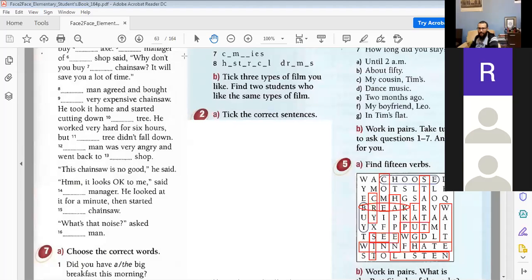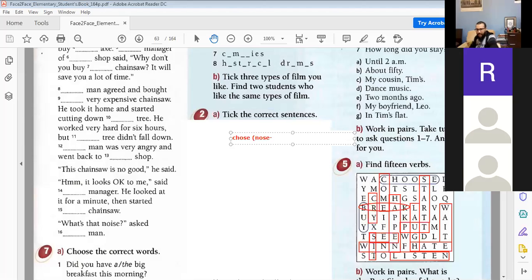Okay, so we have choose. What's the past of choose? Who can tell me? Correct, but how do we pronounce it? Yes. So chose has the same sound as nose or close.